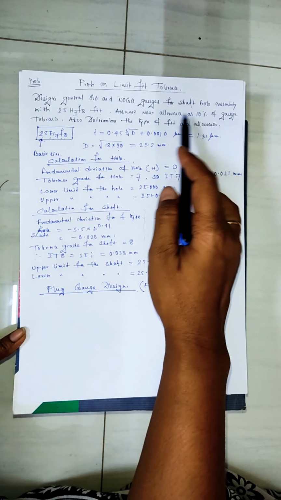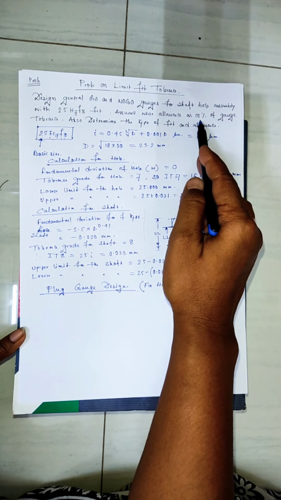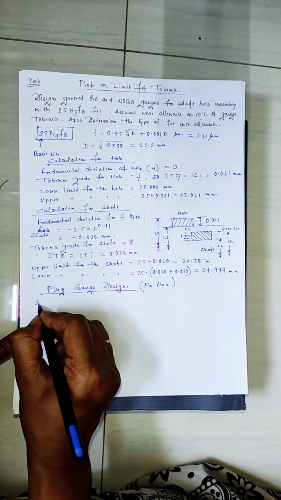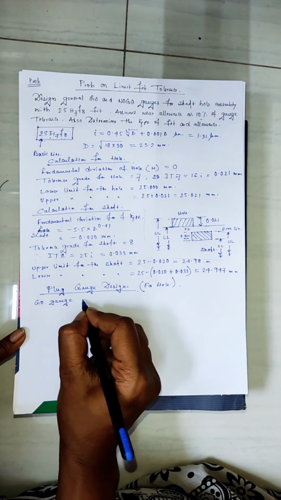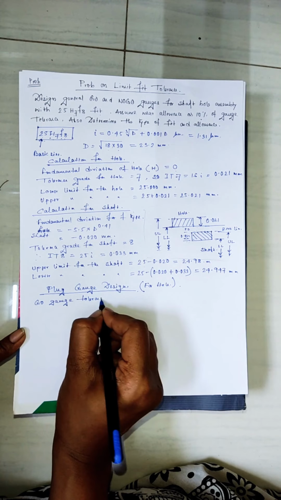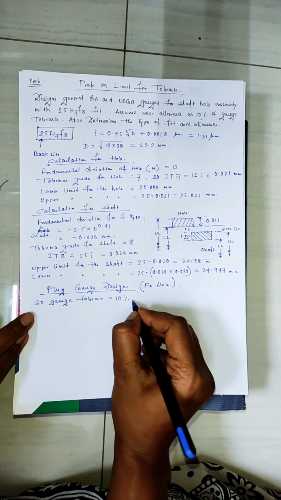The given data is wear allowance as 10% of the gauge tolerance. So first we calculate the go gauge tolerance. That is 10% of the hole tolerance.